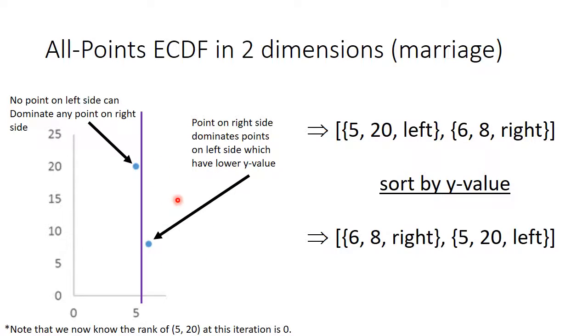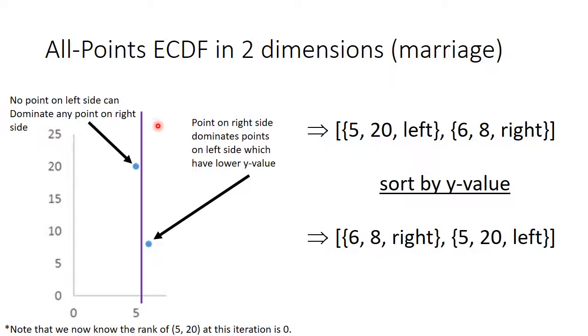And then further, a point on this side can only dominate a point on the left side if it's greater than the point on the left side in all other dimensions other than those dimensions which we've used to divide our partitions.